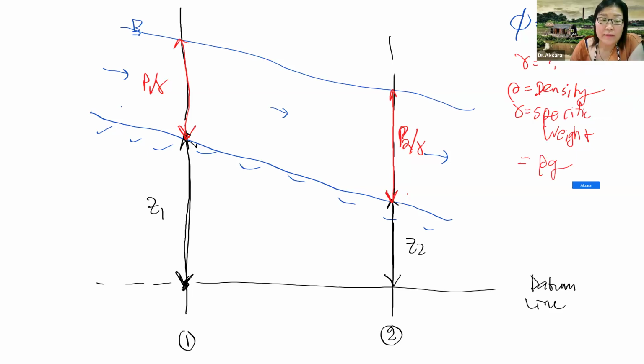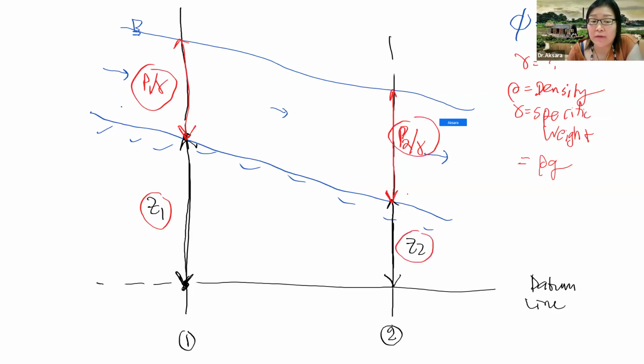Now you know Z1 and P1 over gamma, and you also know Z2 and P2 over gamma. That's the pressure head. The summation of Z and P over gamma is going to be phi here. You see that? So that's your phi.